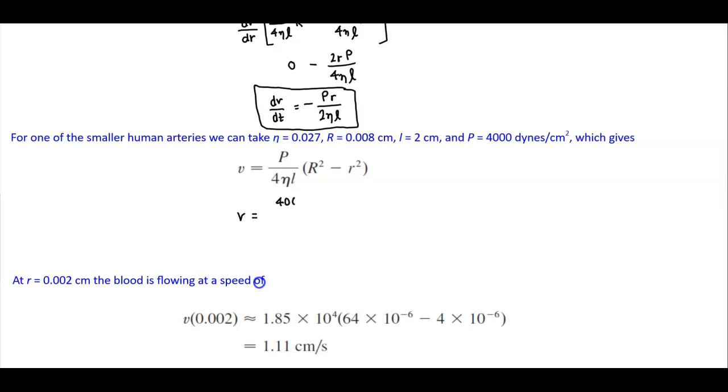We have 4,000 over 4 times 0.027 times 2, and then we multiply that by the value of R squared, so 0.008 squared minus r squared.